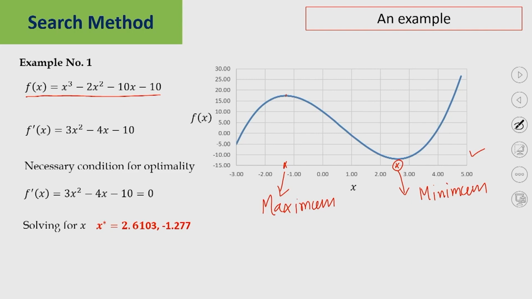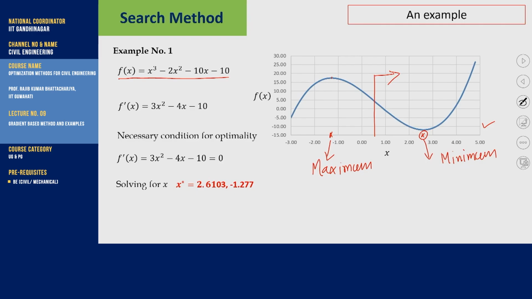There is more than one optimal solution, but suppose I take only this portion, that means from 1 or 0.5 to 5. If you consider this particular function between 1 and 5, that is a unimodal function.